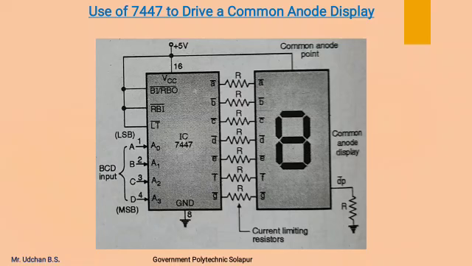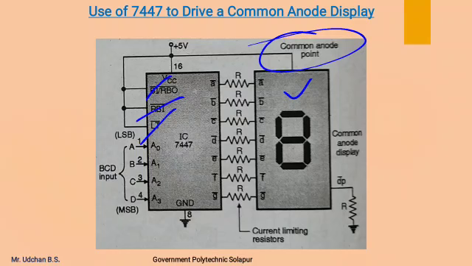Now next we will see how a 7447 IC is interfaced with the 7 segment display. The common anode point, and the blanking input pin, ripple blanking output pin, ripple blanking input pin and lamp test pins are connected to positive supply permanently. To make the BI, RBO, RBI and LT bar pins inactive, they are connected to plus 5 volt supply.